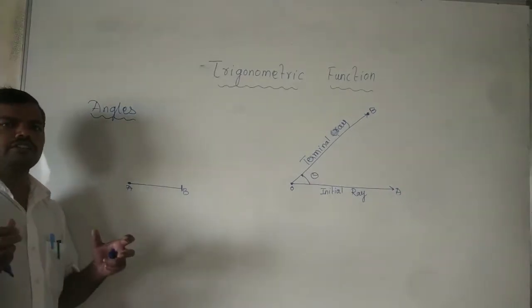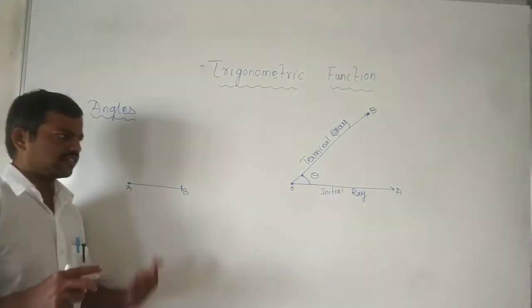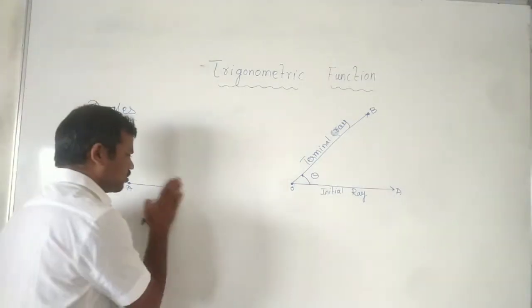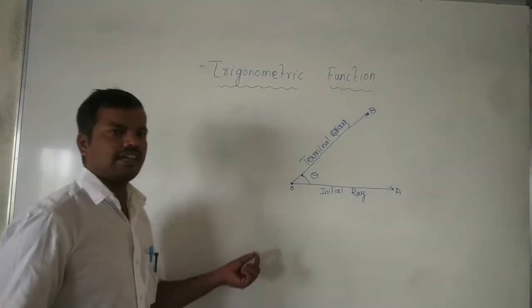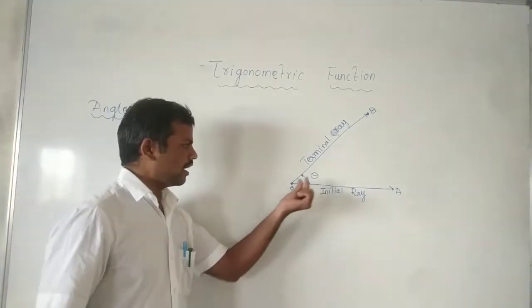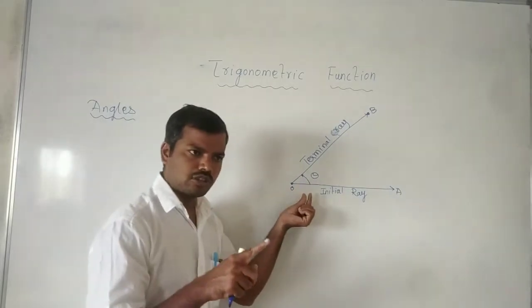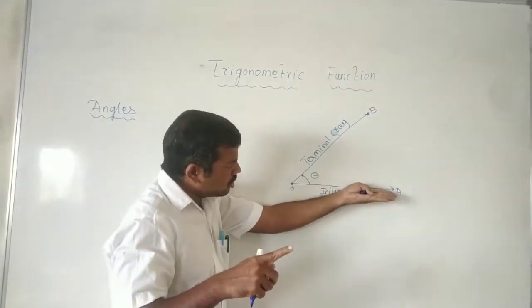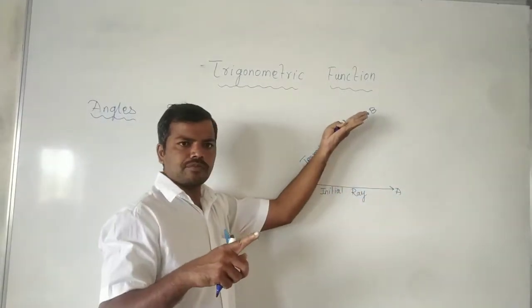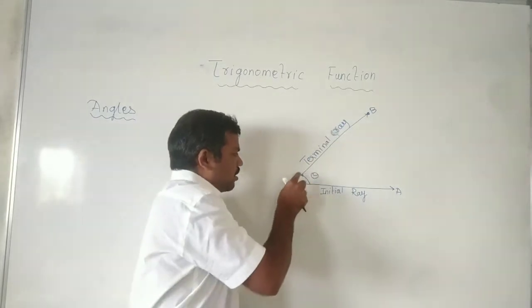Similarly, here also we have units for the angle, the amount of rotation from initial ray to the terminal ray.